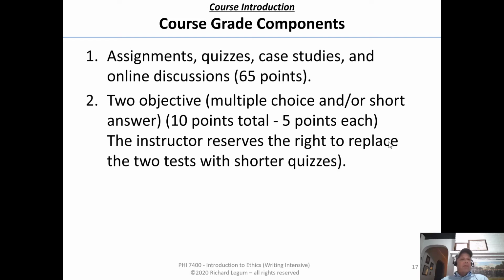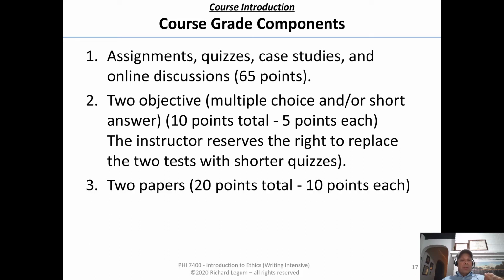By the way, I reserve the right, if it makes more sense as we're going through the semester, to give you 3 or 4 quizzes worth the same 10 points instead of a midterm and a final. I'll let you know. Right now, though, my thought is I will go the way I traditionally have, with a midterm and a final exam worth a total of 10 points.